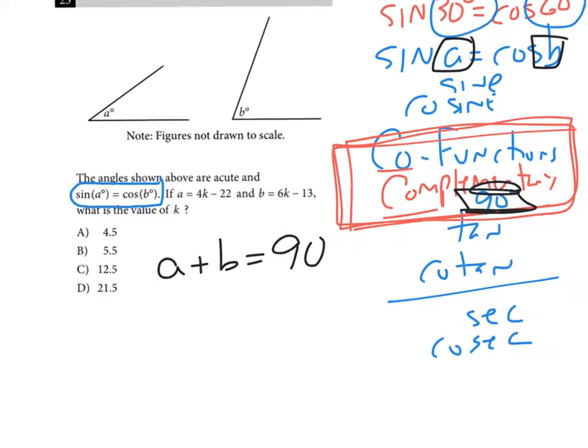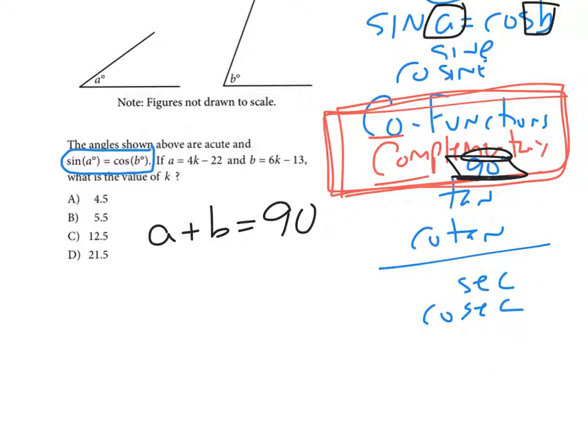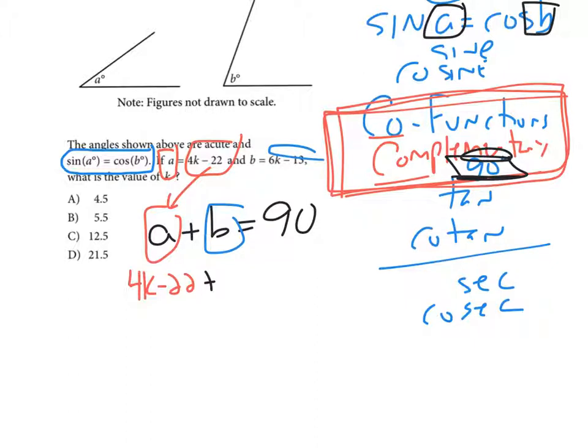Well, now I'm just going to do some substitution. Since A is equal to 4k minus 22, I'm going to throw in 4k minus 22 for A. And then since B is equal to 6k minus 13, I'm going to plug in 6k minus 13 for B. And now I'm going to solve this equation for k.